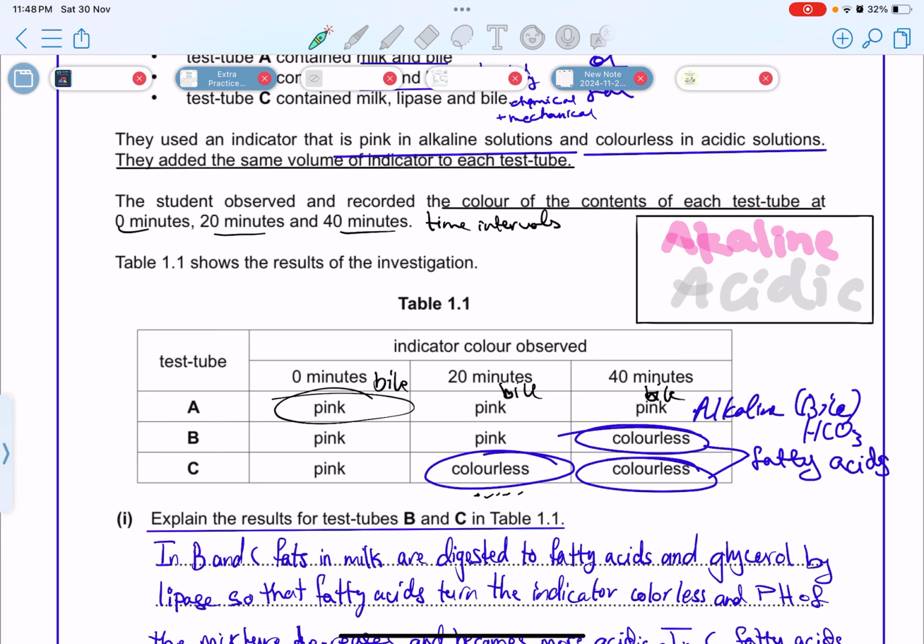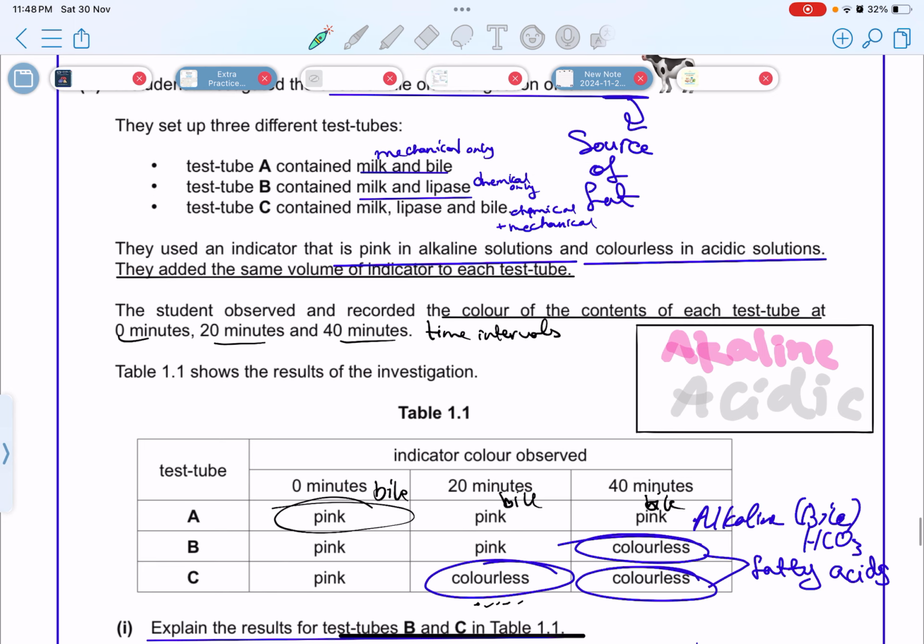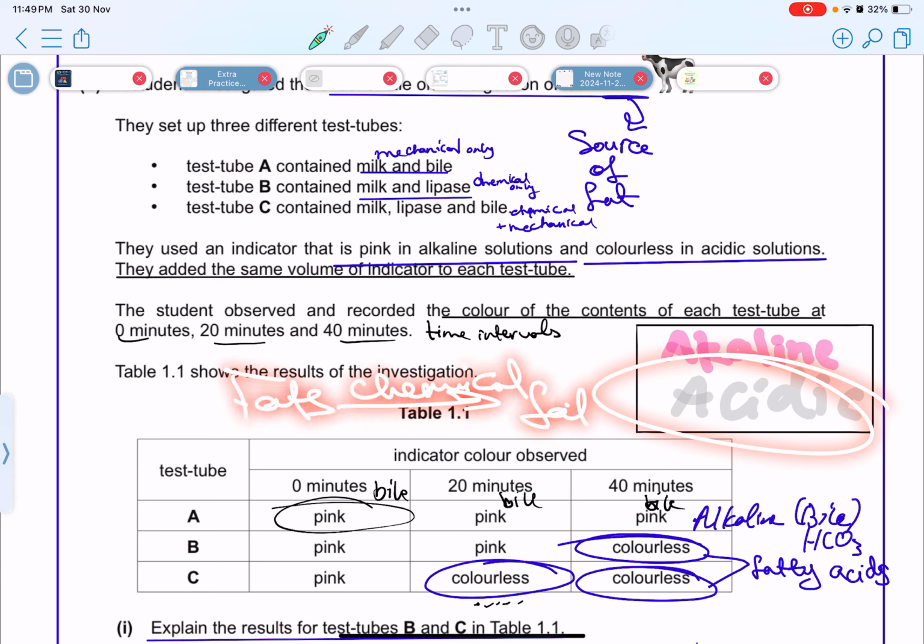Why? Because bile and fats were digested mechanically. However, they were still fats. You know why there's an option for the solution to turn acidic? Because fats, by chemical digestion, turn into fatty acids.